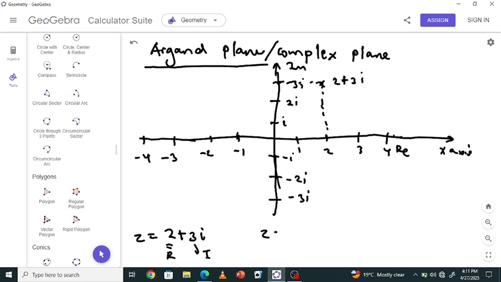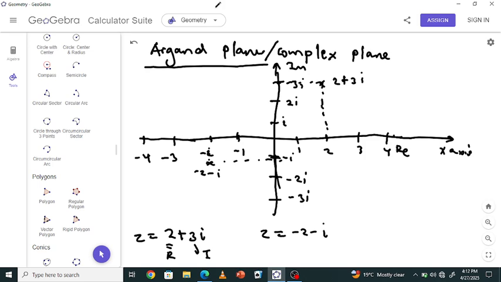Assuming I've been given another, -2 minus i, you will have to go to -2. It's here. The real part is -2, the complex part is -i, and now you indicate here -2 minus i.